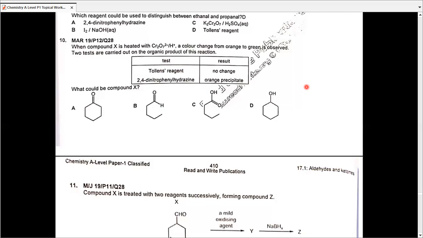It is a ketone because 2,4-DNPH is positive, and it has been oxidized. So ketones get to that form because of the oxidation of secondary alcohols. There you go. You can literally jump to D when you think that way. So moving on, 11.